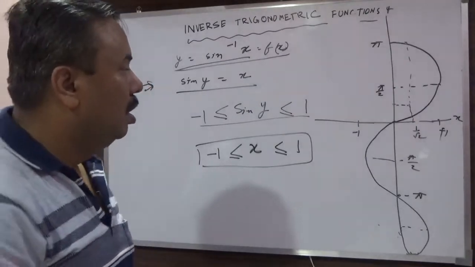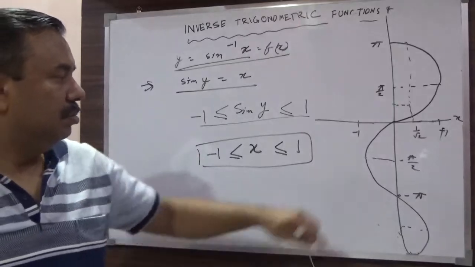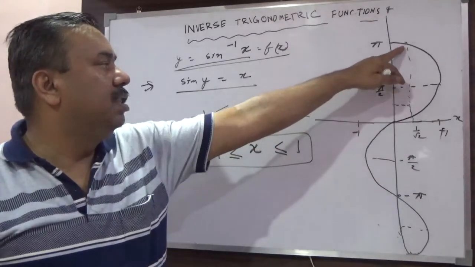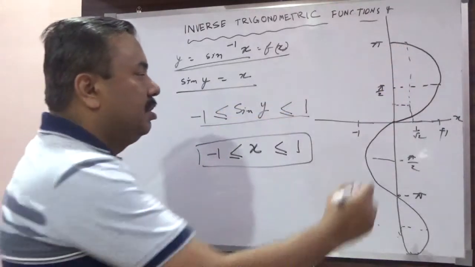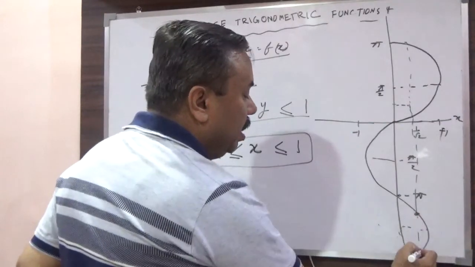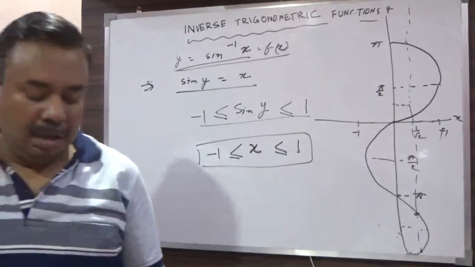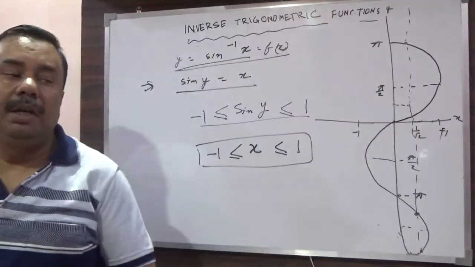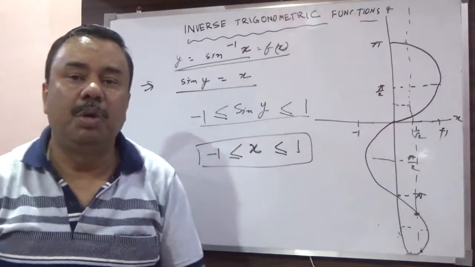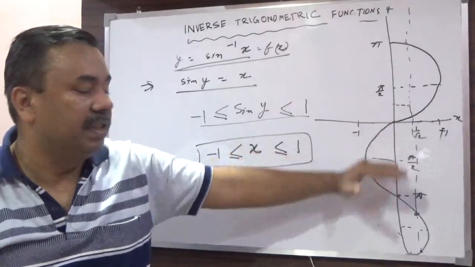For the same value of x you have another value of y, and another value of y, and it will keep on increasing on both the upper side of the x-axis and the negative side.